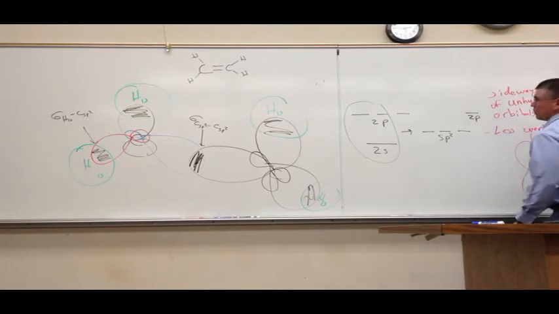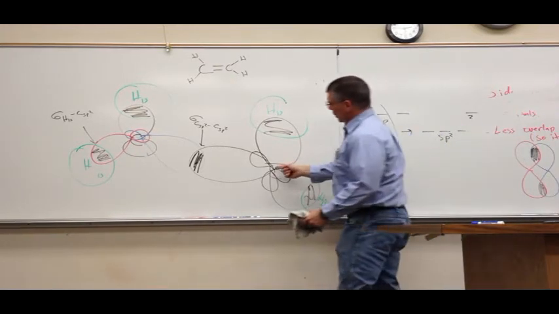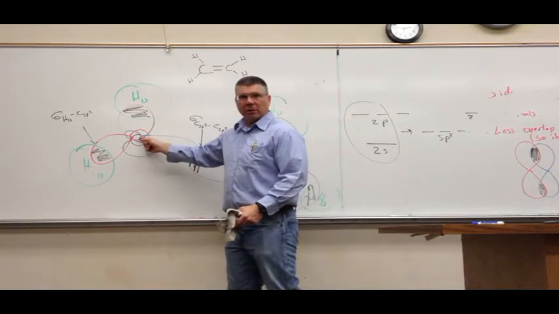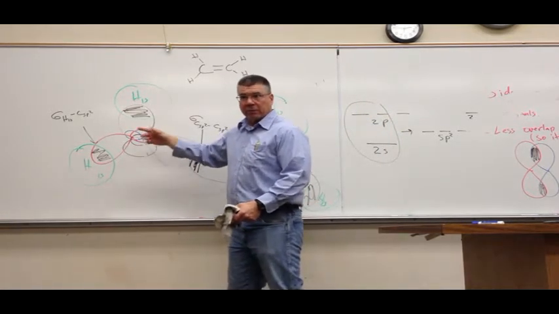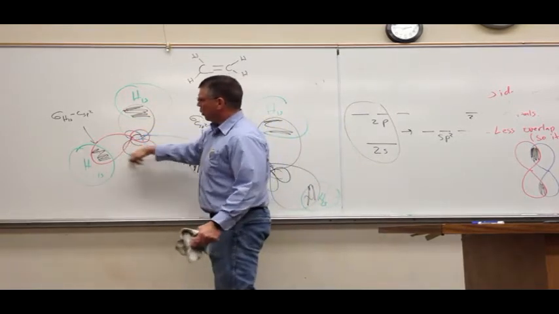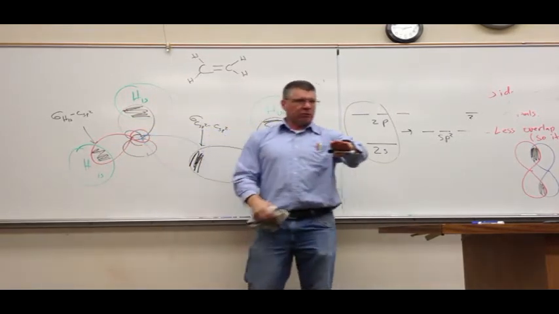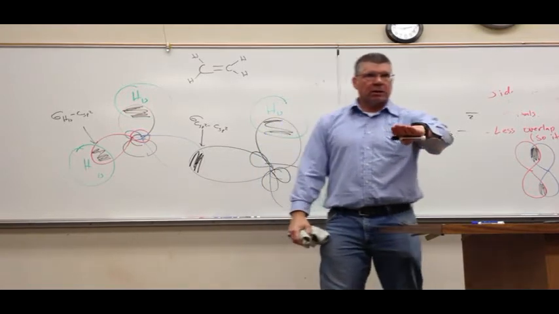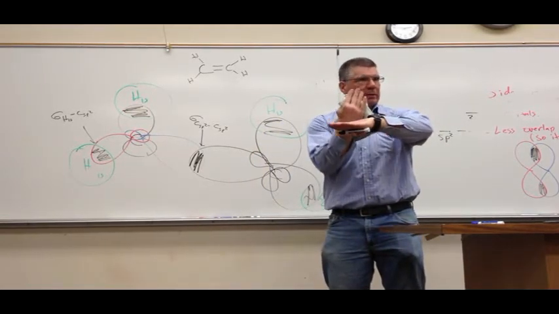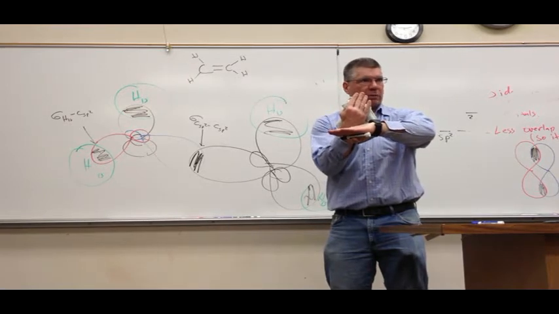So what that means is there's going to be a p orbital on this carbon and a p orbital on this carbon that are not hybridized and have to overlap sideways. Because the 3 sp2 orbitals are all in the plane, 120 degrees from each other, trigonal planar, the p orbital that's not hybridized is perpendicular to that plane. Can you guys picture that?